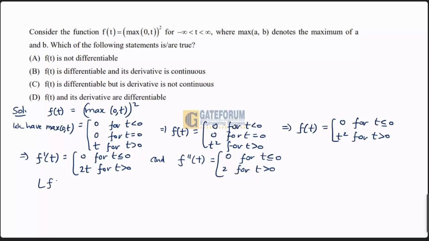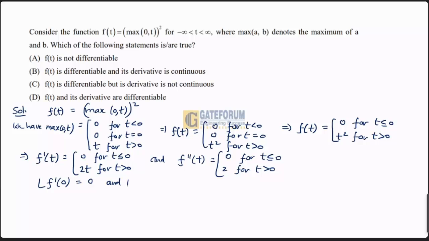And what is L f dash 0? It is the left hand derivative of the function f of t at t equal to 0, that is the f dash t value when t is less than 0. This is the meaning. Putting t equal to 0, L f dash 0 is 0.